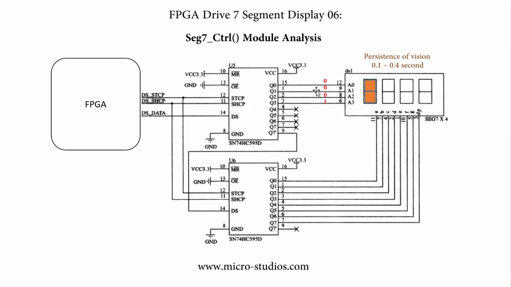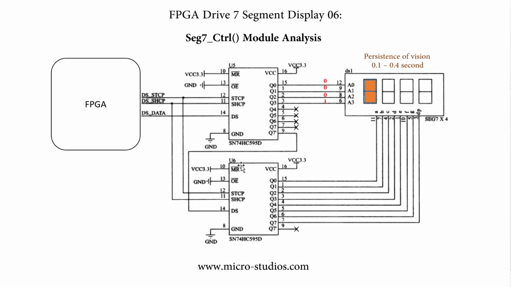So if we turn on each display faster than this time, our eyes, our brain see the 4 displays turn on at the same time. We will see all the digital numbers at the same time. This result is called the persistence of vision.